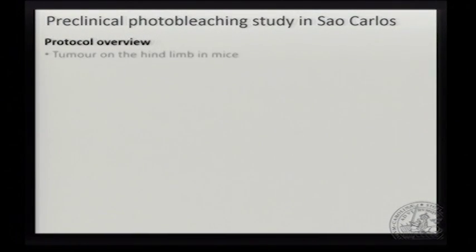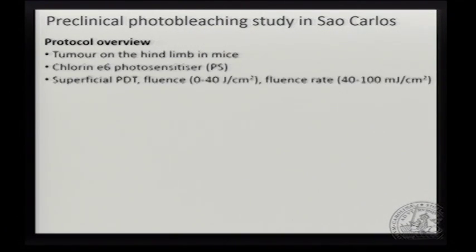So then we actually brought that system here to Brazil to do some mice studies. And we have a quick protocol overview. This data is not finished. We haven't analyzed this completely, so I will just show you some of what we did. We had a number of mice with a tumor on the hind limb. We used chlorin e6 as a photosensitizer.